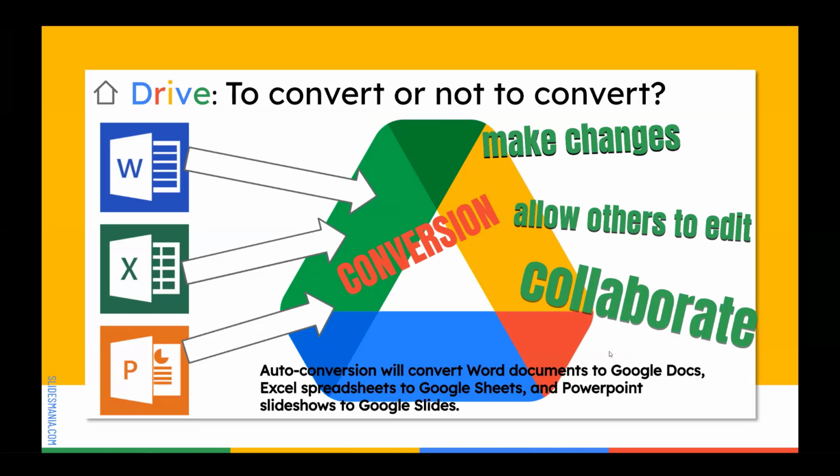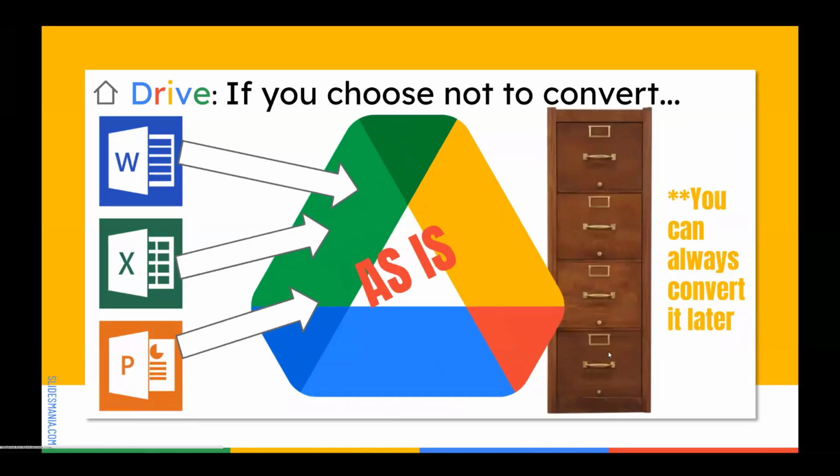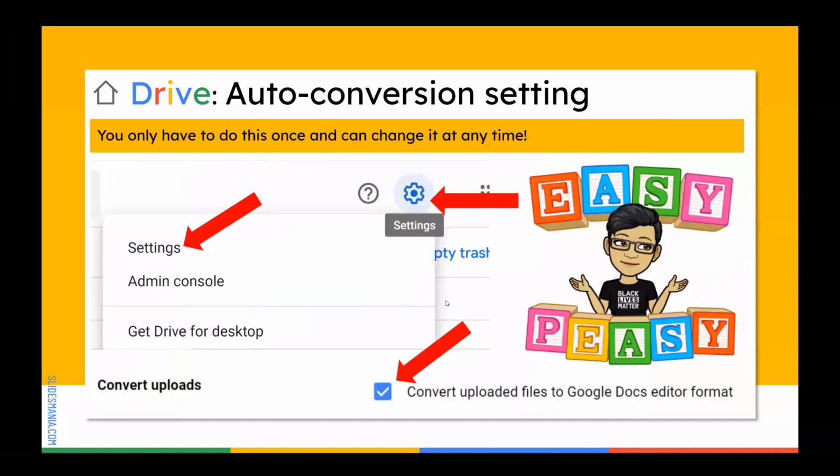There is something called auto conversion, and I'll talk about that in just a second. If you choose not to convert it, it is going to be like a PDF. You can always convert it later. It's fine, no problem. But if you put it in there like that, that's the way it's going to be.